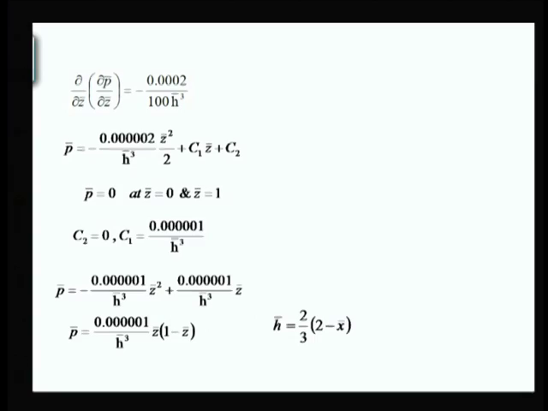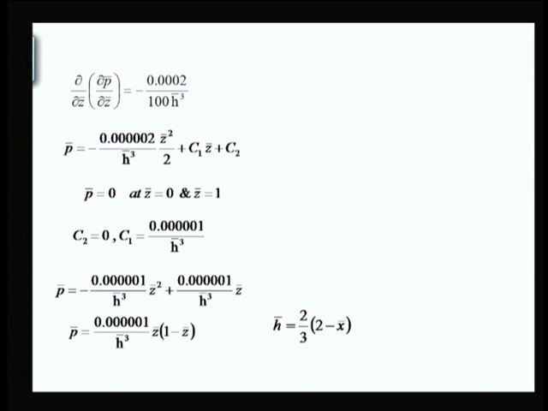So, if you use this and rearrange this equation, we take out this constant and we take out the h bar value, which is expressed in terms of z bar and 1 minus z bar. This also gives us a confirmation whether we have calculated the pressure profile the right way or wrong way.